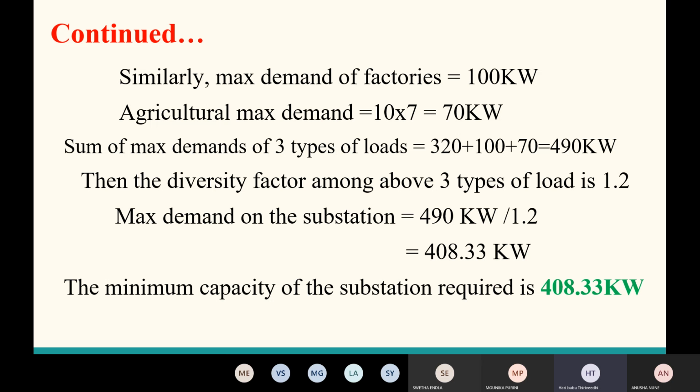The value is 408.33 kilowatt. So this is the minimum capacity of the substation.